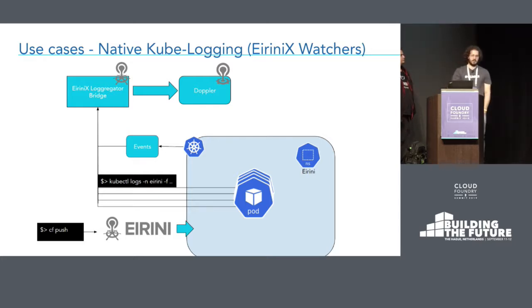So we get all the events on the Eirini namespace, and the logaggregator bridge will act upon them. If we see a new pod, we will have another Go routine, which calls the Kubernetes API natively. So here it is kubectl logs, but it is not actually calling kubectl. It is doing that by API internally.